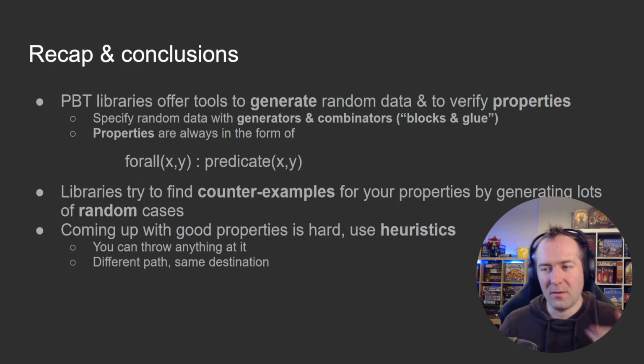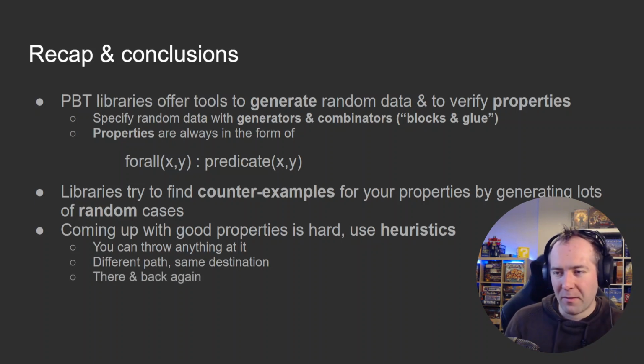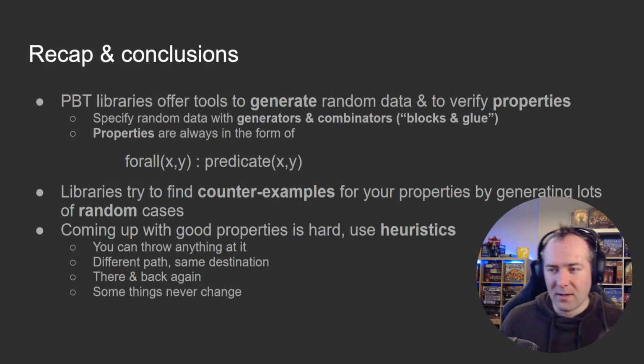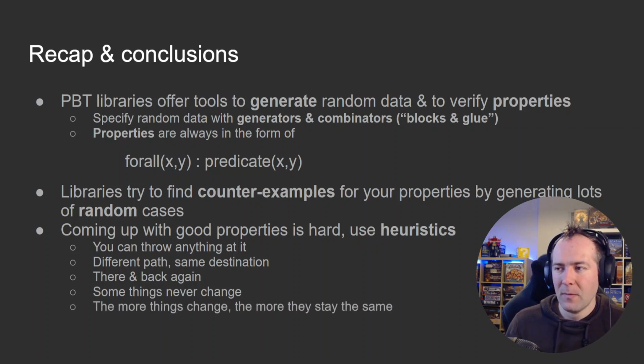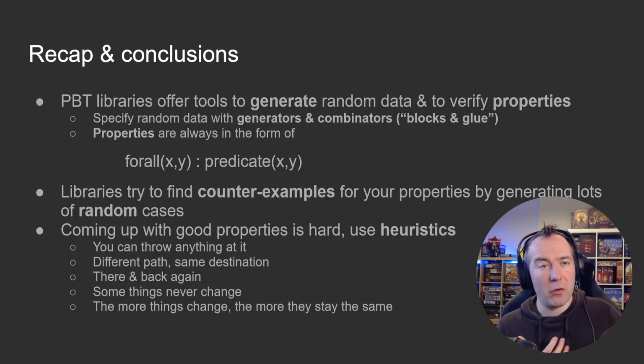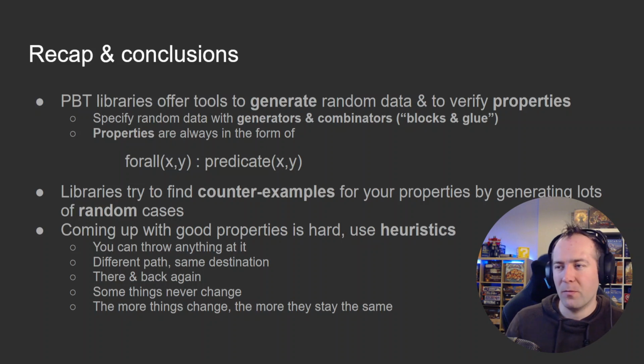Different paths should lead to the same destination is a good one. There and back again, where you retrace your steps. Some things never change, some properties stay the same when you run your code, and the more things change, the more they stay the same. That's the idempotence thing. And if you use these rules of thumb on your problems, I'm pretty confident you can come up with some really cool, really interesting properties.